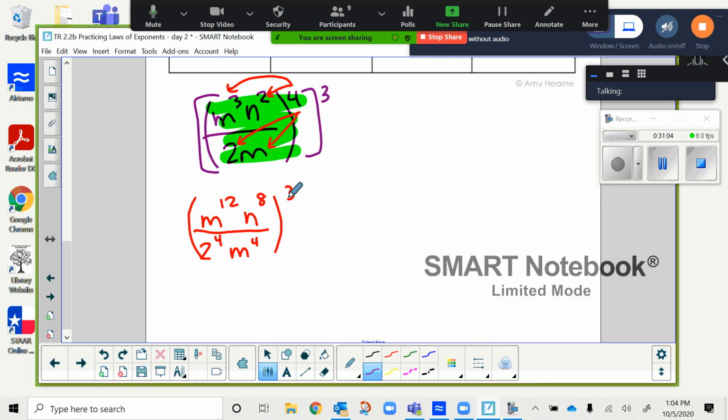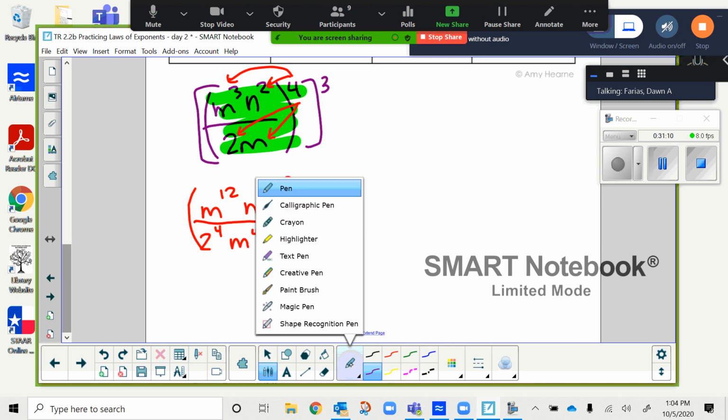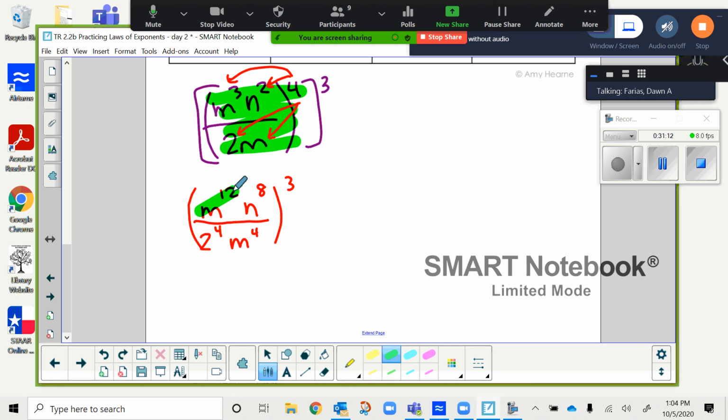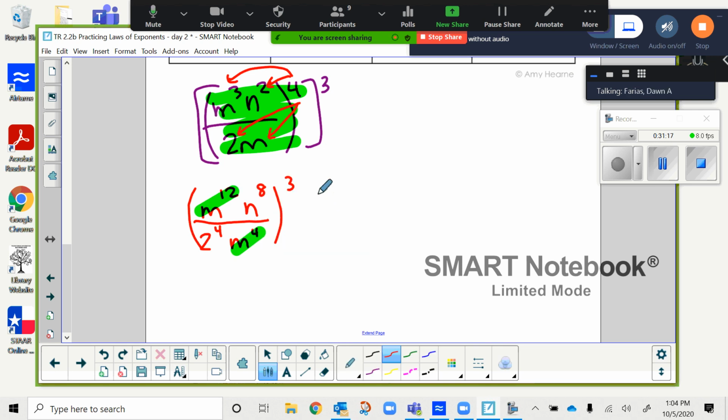You could simplify your m's here if you wanted to. So notice how we have m to the 12th over m to the 4. 4 of those cancel, leaving me m to the 8 on top. Or you could think about m to the 12 minus 4.